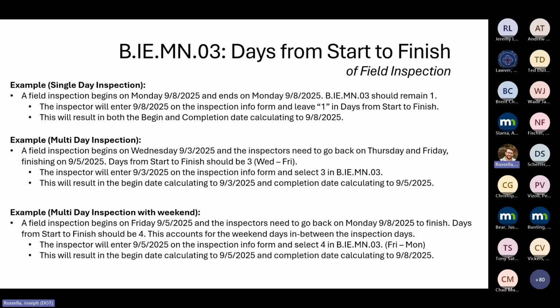Days from start to finish should be 4. This accounts for the weekend days in between. So the inspector would enter 9/5 in the inspection info form, and then select 4 in the days from start to finish field. This will result in the begin date being calculated at 9/5 and the completion date to 9/8/2025.